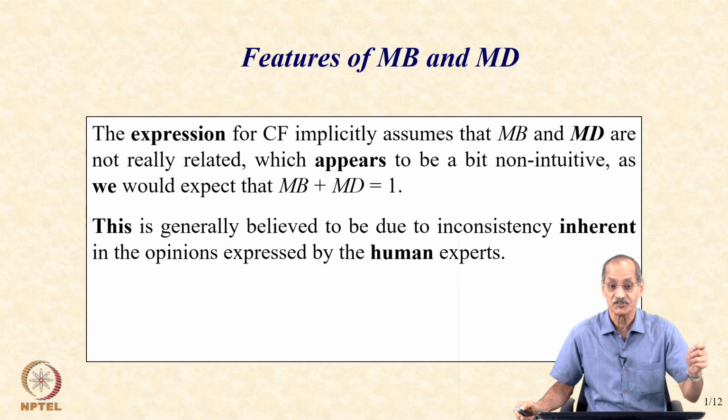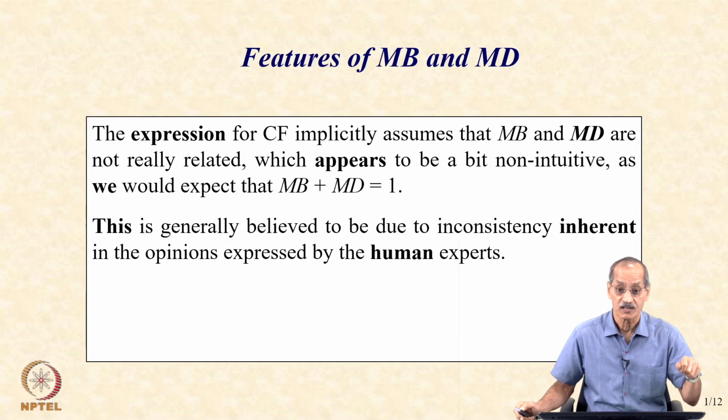In that example itself I had used this logic to say that MB and MD are independent, and in order to give a reasonable basis for such an occurrence, we fall back upon a fact which is there, but sometimes we do not realize. This is generally believed to be true due to the inconsistency inherent in the opinions expressed by the human experts.